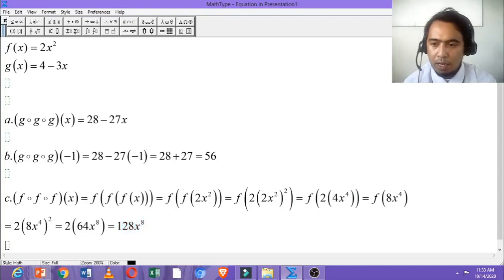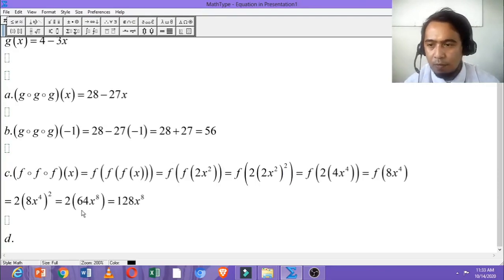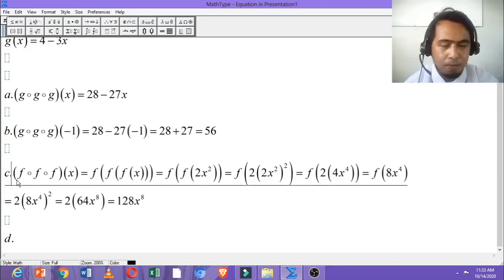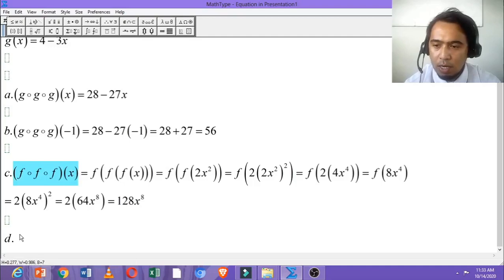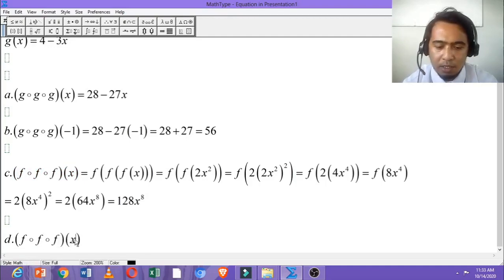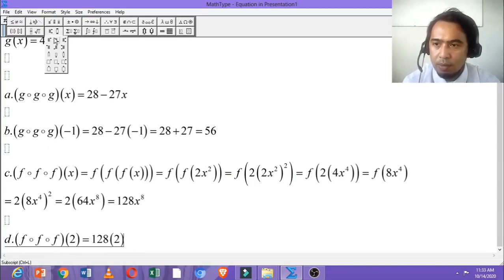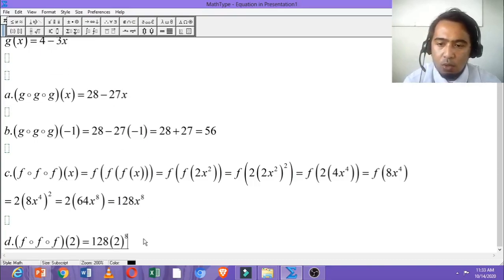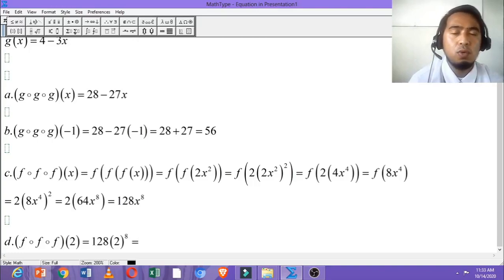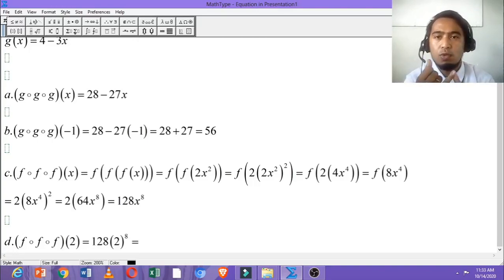For letter D, the given is the same as letter C, but the input is positive 2. So we can use the answer for letter C in answering letter D. We will just use this answer, 128 times the input 2 raised to the power of 8. And 2 raised to the power of 8 is you multiply 2 eight times: 2 times 2 times 2 times 2 times 2 times 2 times 2 times 2.